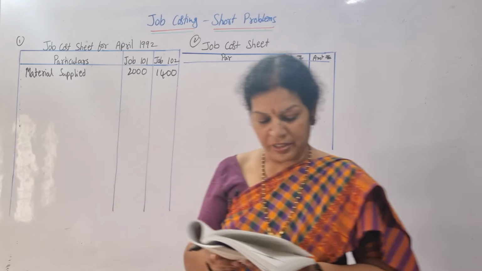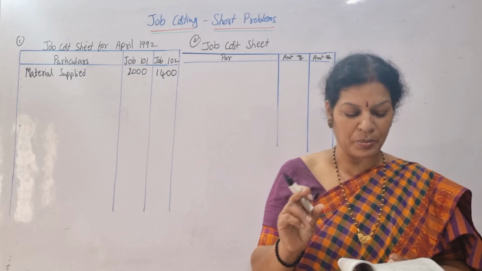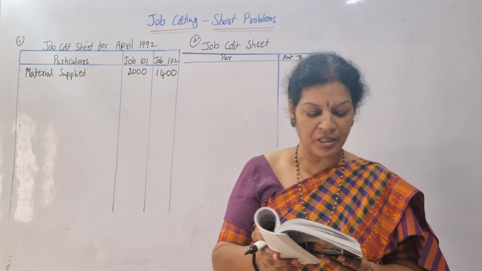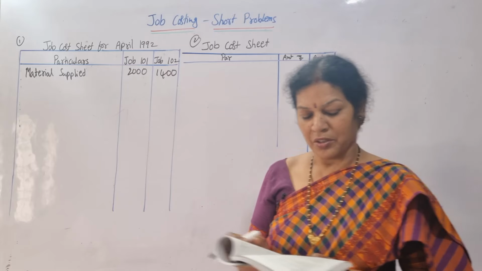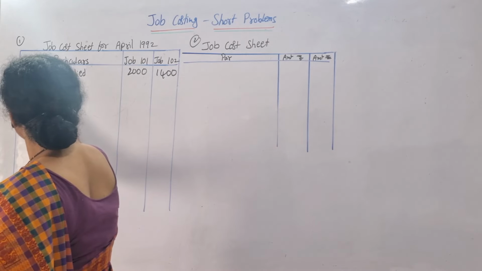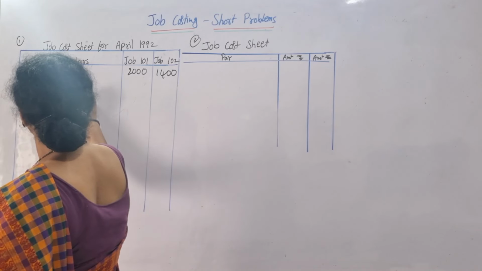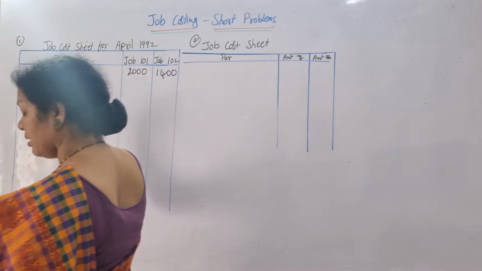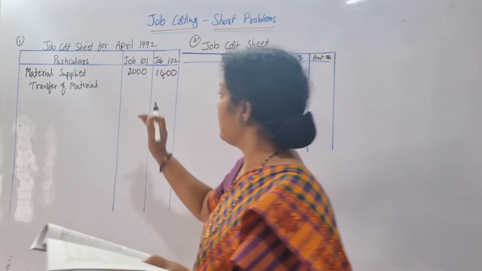Next, wages and direct expenses. But related to the material, there is some adjustment. First adjustment is that material transferred from 101 to 102. So transfer of material. How much is the material? 100 rupees material transferred from 101 to 102.